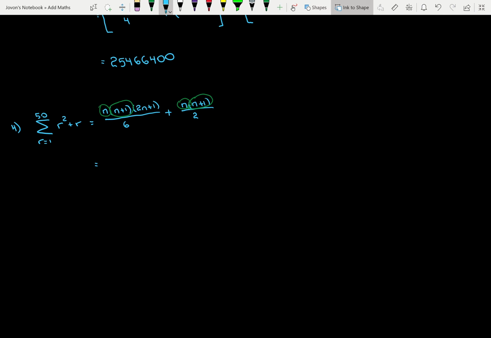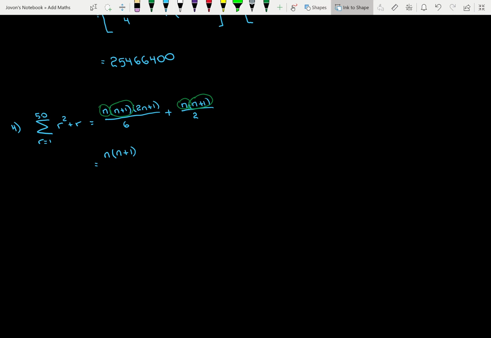So it'll be n multiplied by n plus 1, okay, over, so we want to pull out one of the denominators, but the question is what we're pulling out, the 2 or the 6. And this is where it also gets a little tricky. So let's see, well actually no, let's leave it like that.